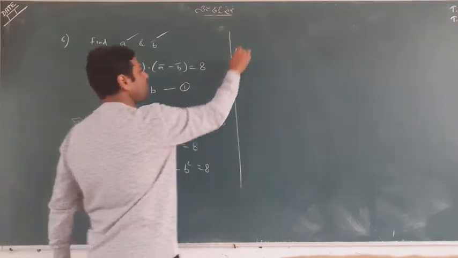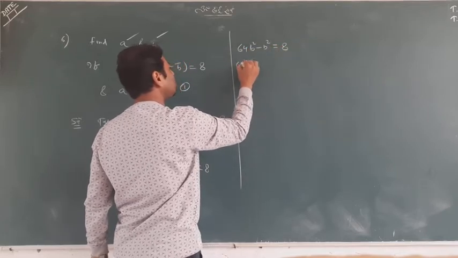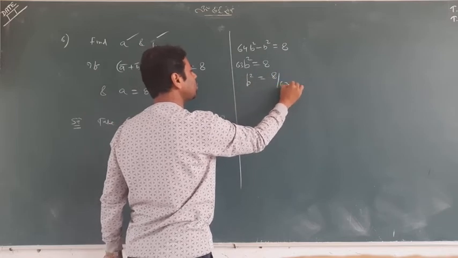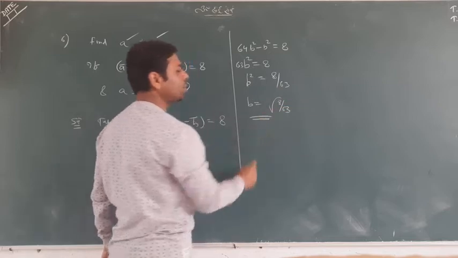This is 64B square, so 63B square equals 8. So B square equals 8 upon 63, so B equals root of 8 upon 63. This is the answer, this is mod B.